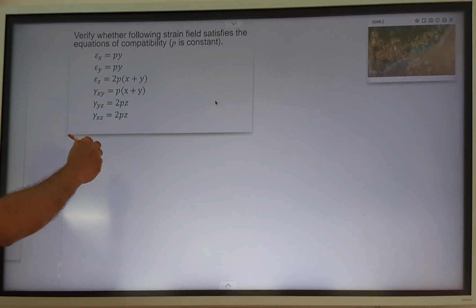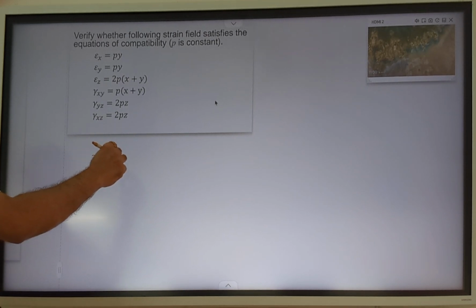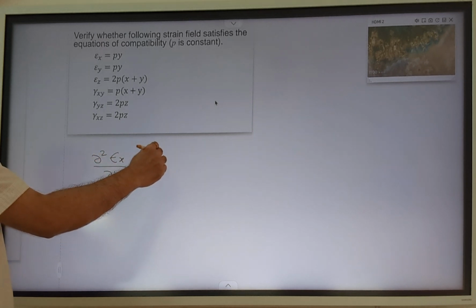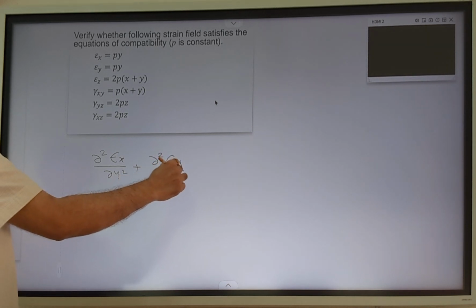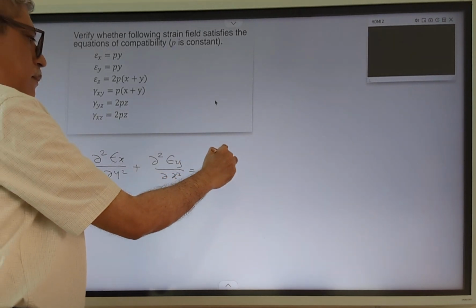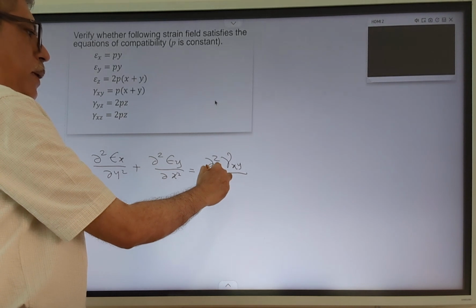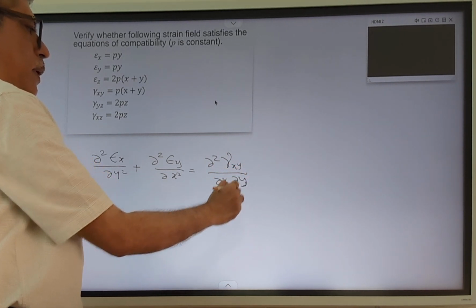Can somebody tell what is the first equation? Just read from your notebook. Gamma x y... Gamma x, gamma y.